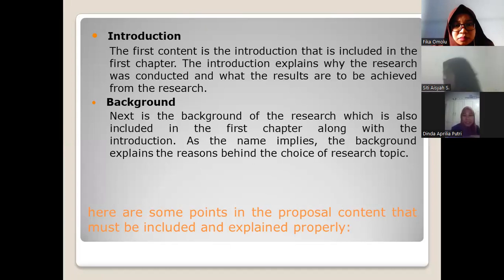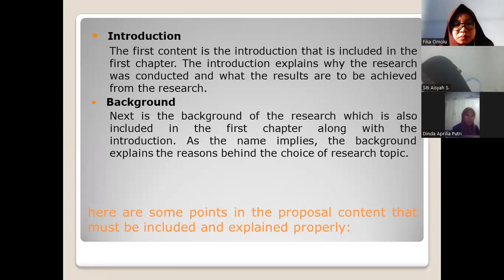The first one is introduction. The first content is introduction that is included in the first chapter. The introduction explains why the research was conducted and what the results are to be achieved from the research.